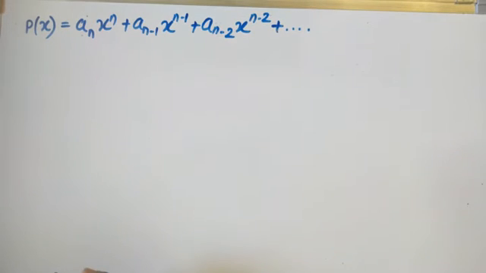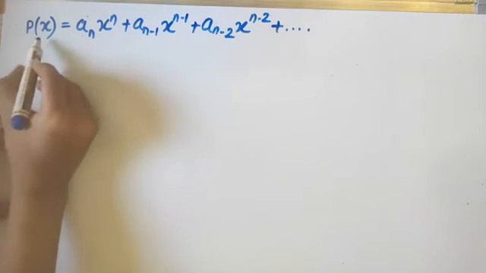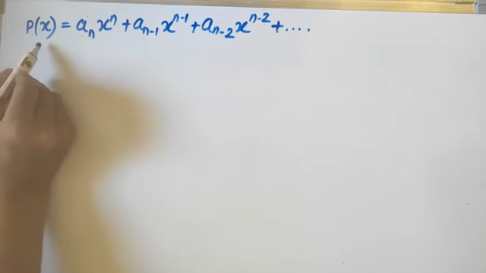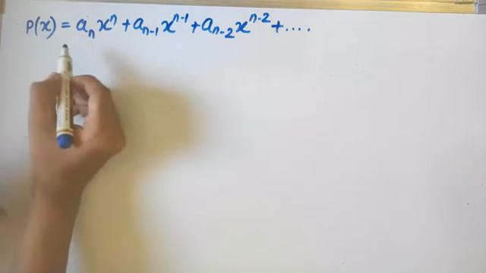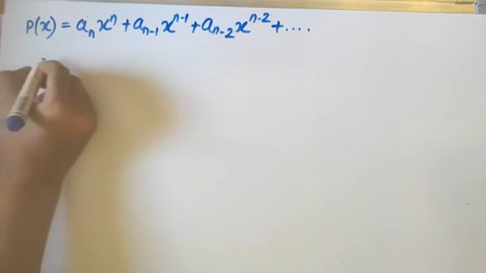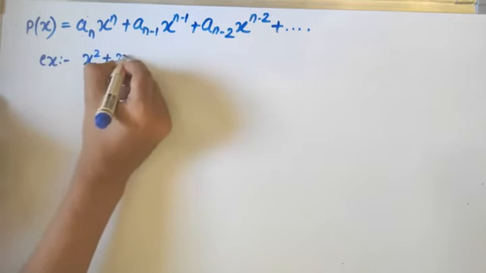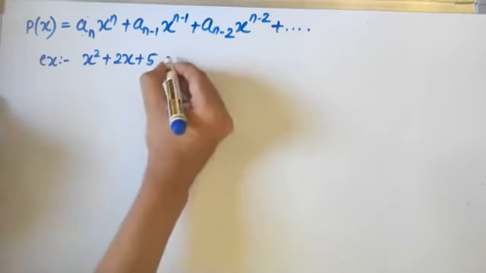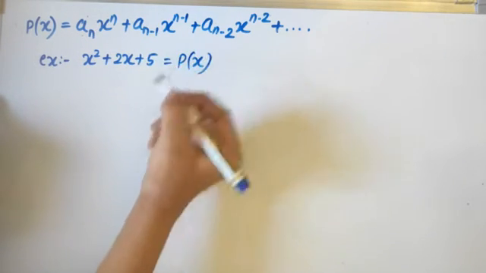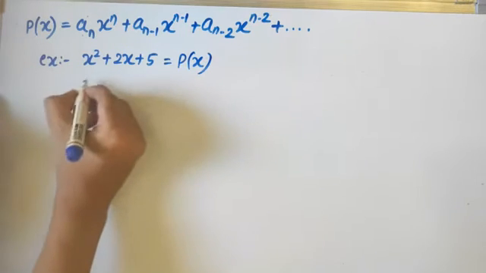Here p of x means it is a polynomial of x consisting of the variable x only. Example, x square plus 2x plus 5. This is p of x because it has the variable x.